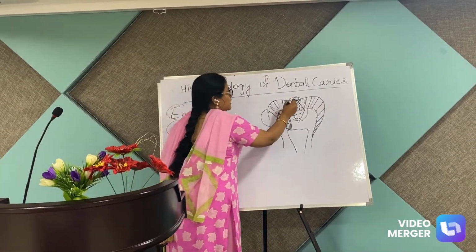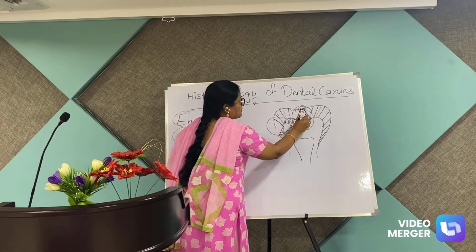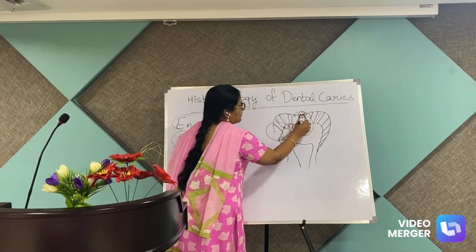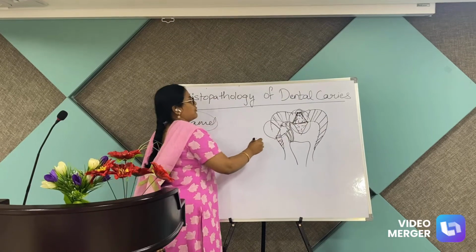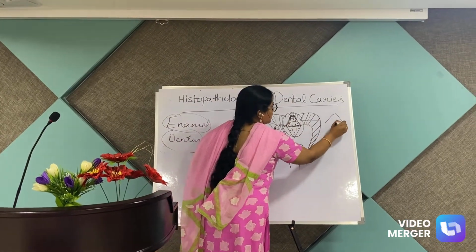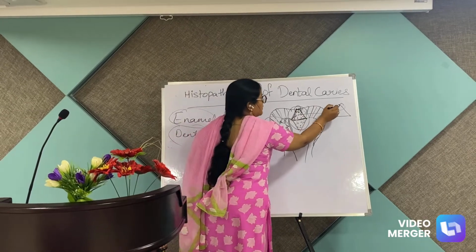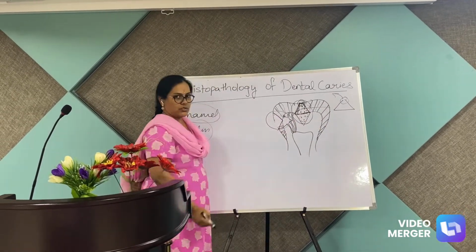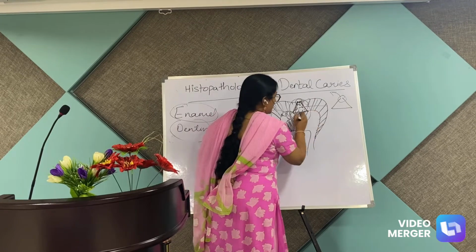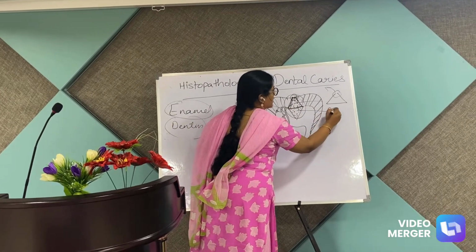So it spreads along the enamel rod and takes the shape of a cone or a triangle. This shape would be somewhat a triangle or a funnel shape, where the apex of the triangle would be towards the external surface of the tooth and the base of the triangle would be towards the DEJ, or the dentino-enamel junction.